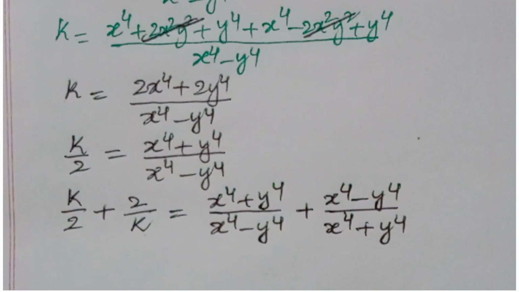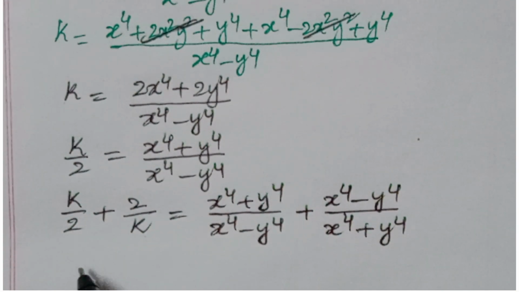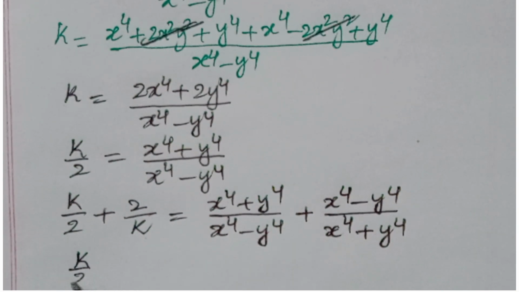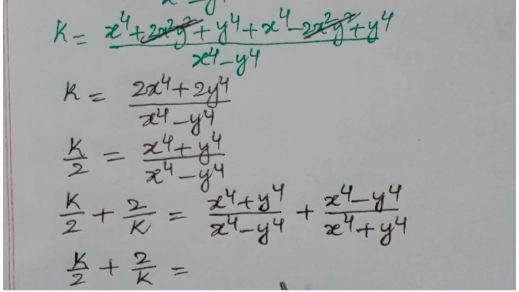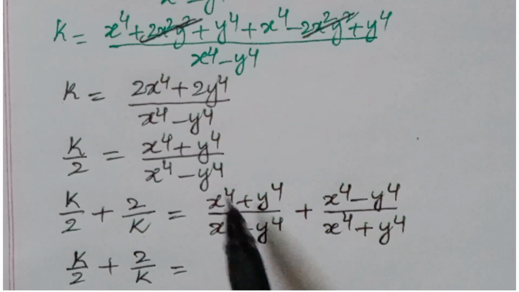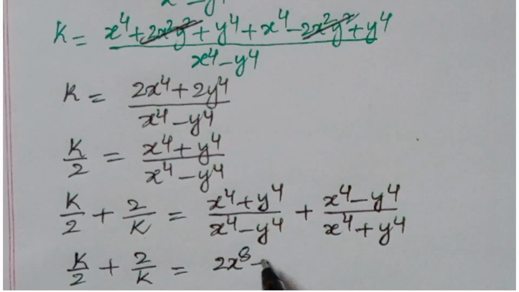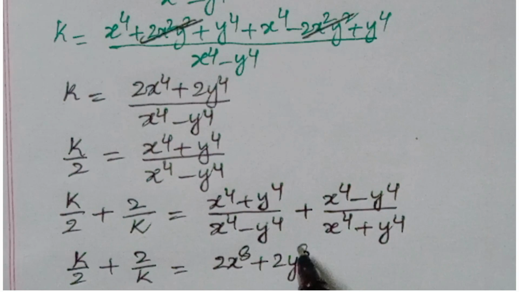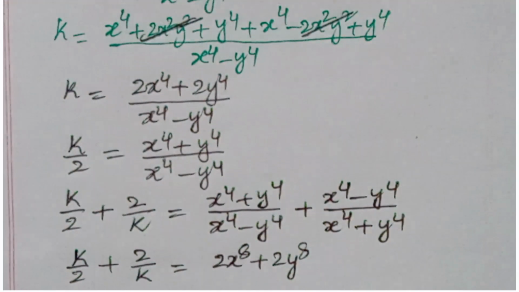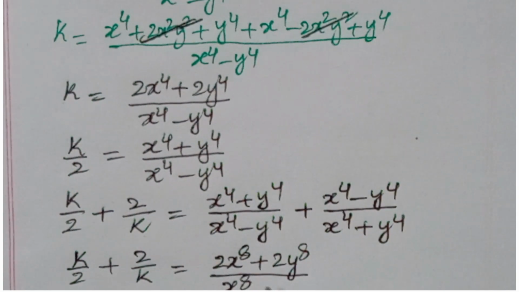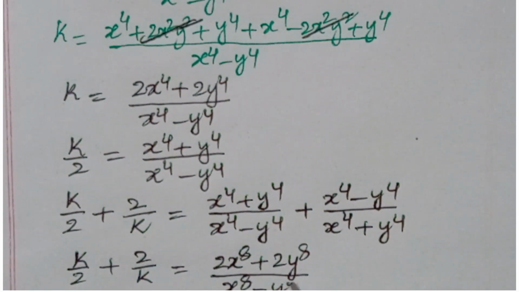Again we are applying the same formula. So k/2 + 2/k is equal to, if you apply the same formula, (2x⁸ + 2y⁸)/(x⁸ − y⁸).